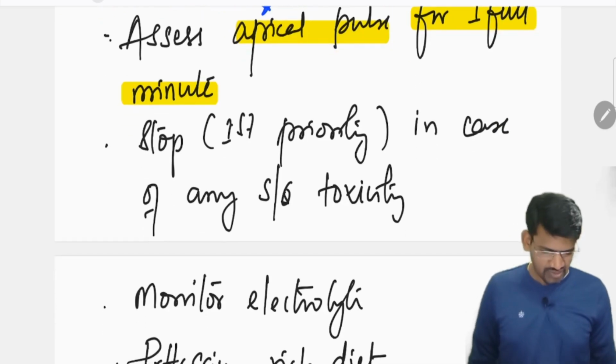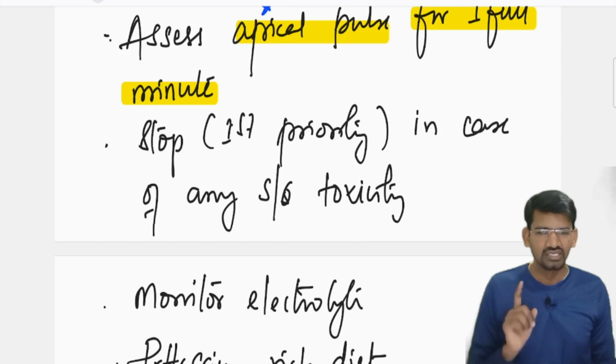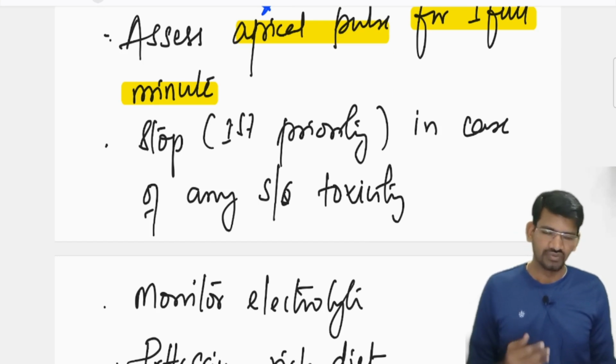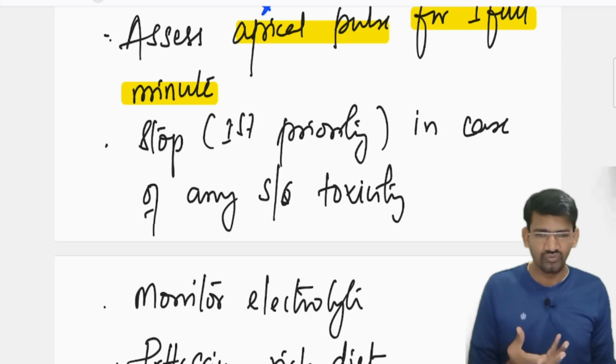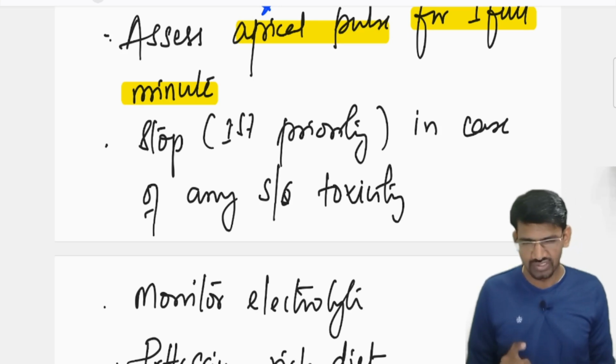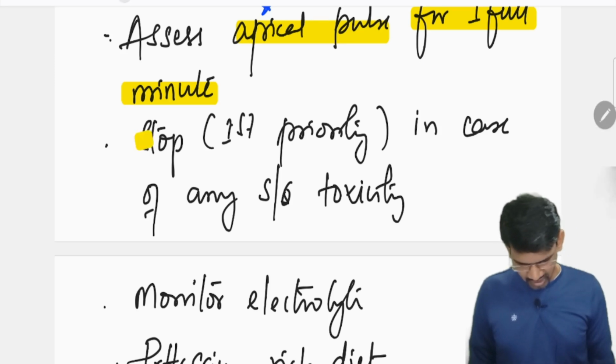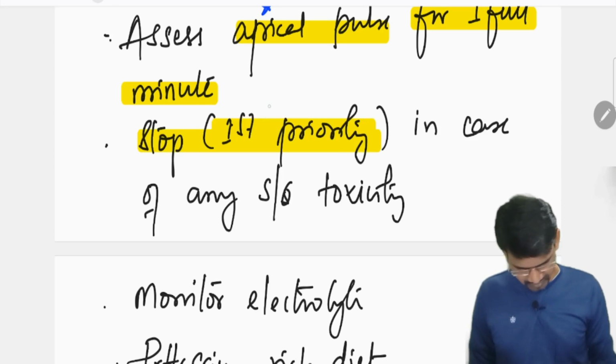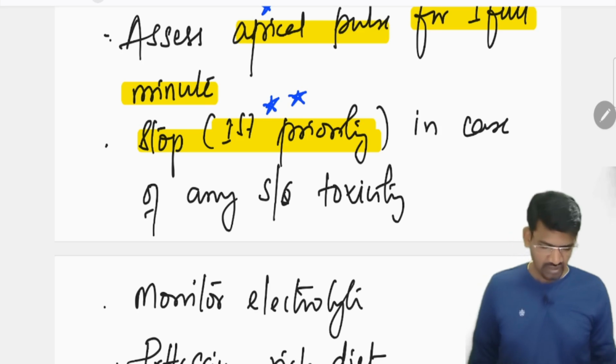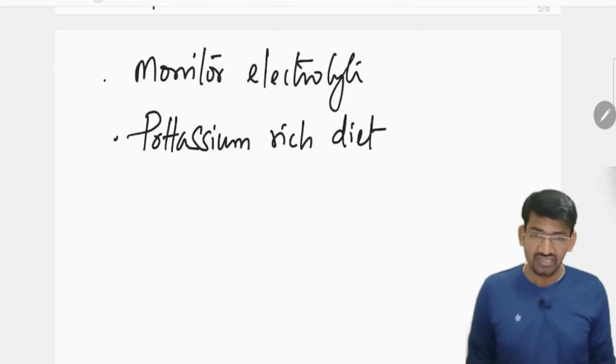Then next is, as I told, in the case of toxicity, if you find any signs related to toxicity, then stop the drug or withhold the next dose. The patient has already taken it, okay. We have to stop or withhold the next dosage in the case of toxicity or signs suggestive of toxicity. This is the first priority, remember, very important. Then next is monitoring the electrolyte imbalances.